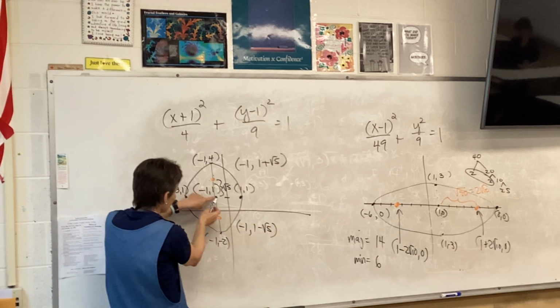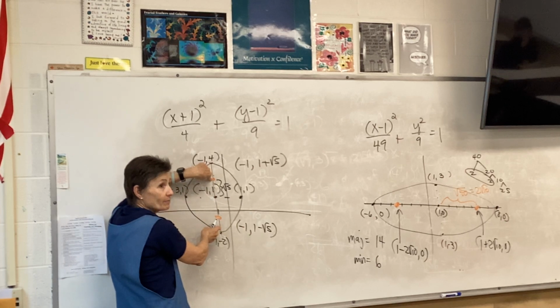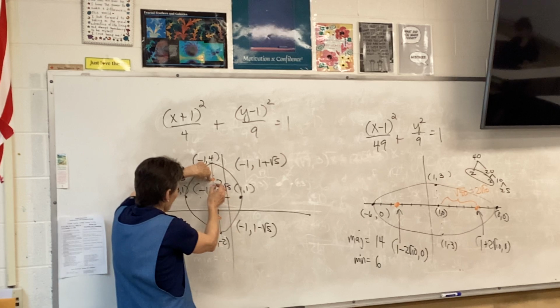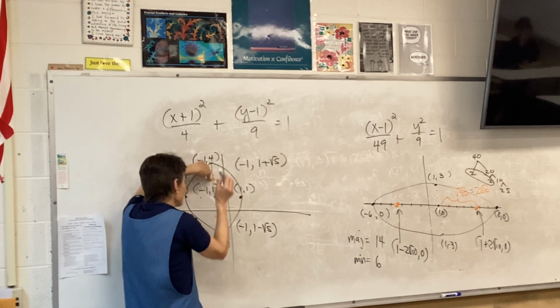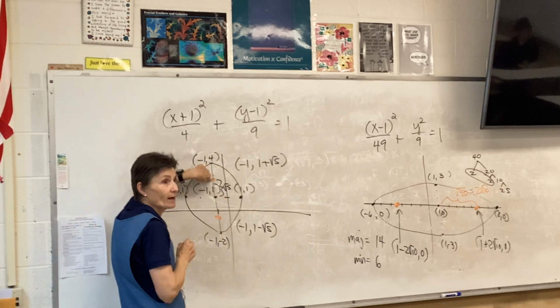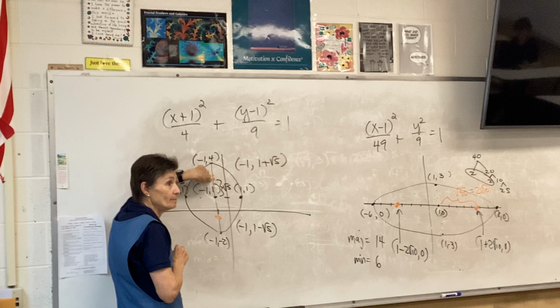Start at your center point and go up and down root 5. So you're going to take your y coordinate, which is 1, and add root 5 to it, and subtract root 5 from it. And those are your focus points. Easy enough?